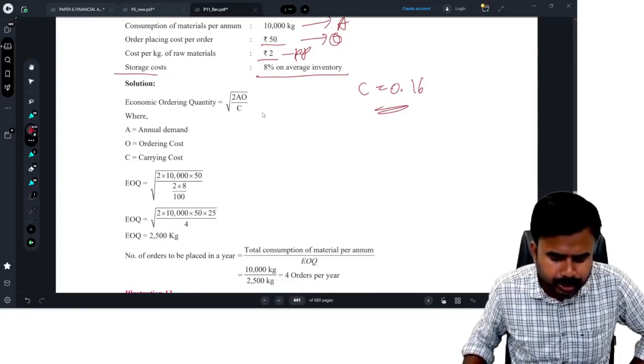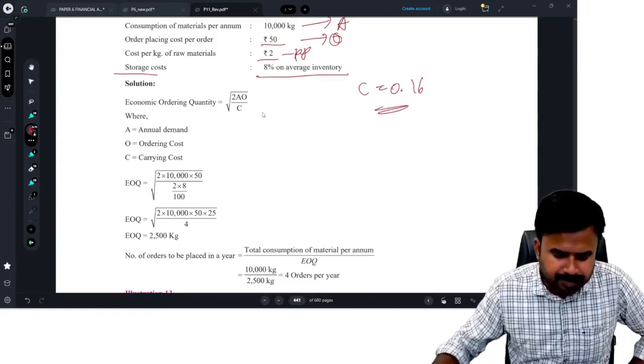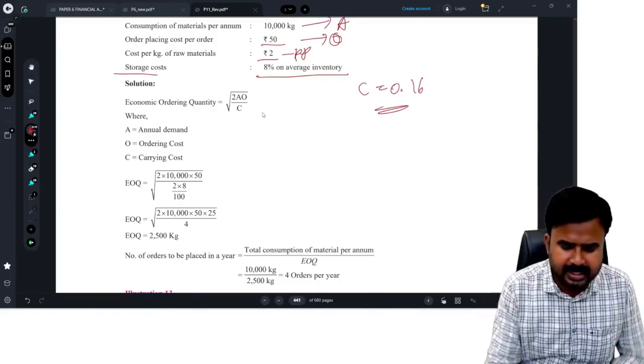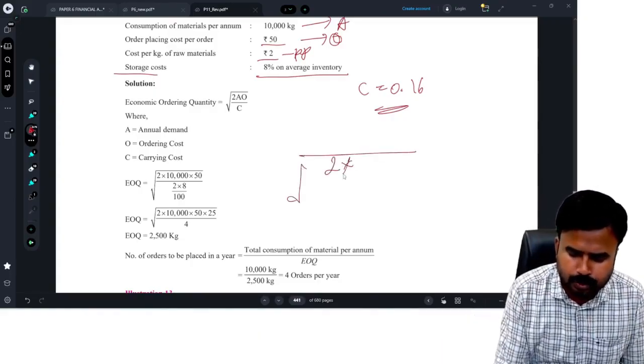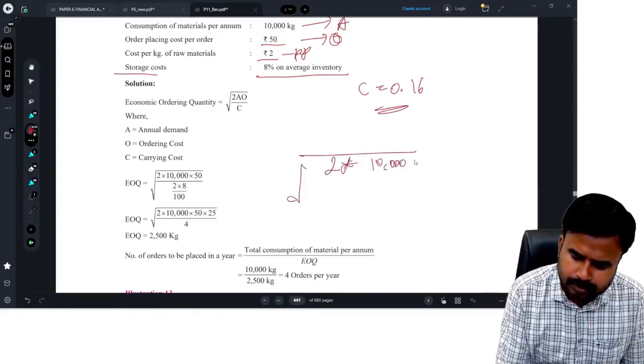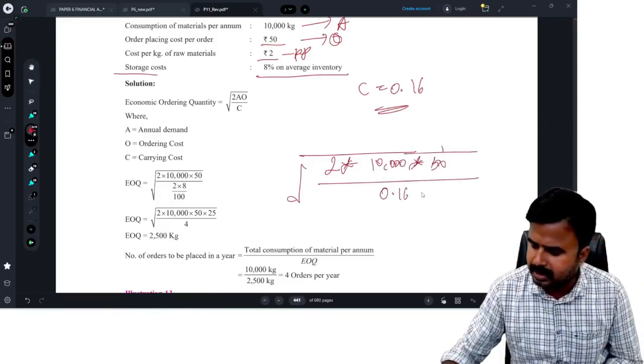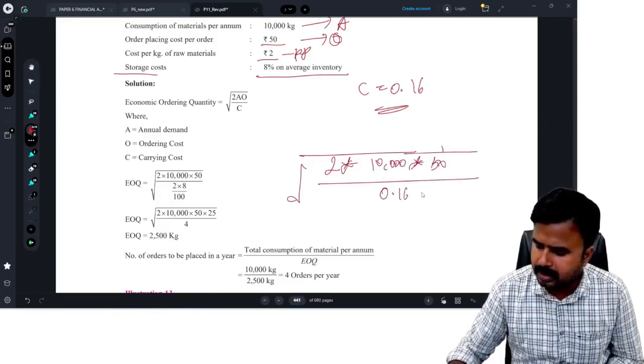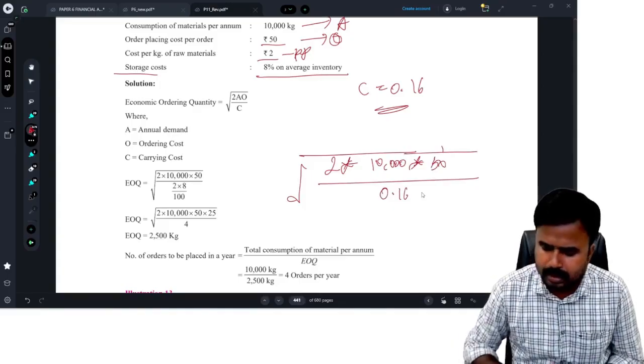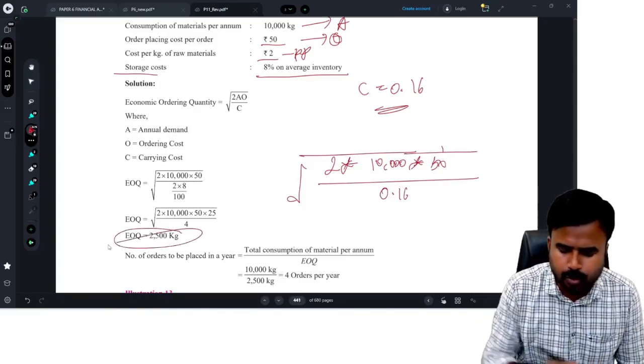I must get 2,500 cases. Square root of 2 into 10,000 into 50 divided by 0.16. Apply this. 2,500 cases. That's the EOQ.